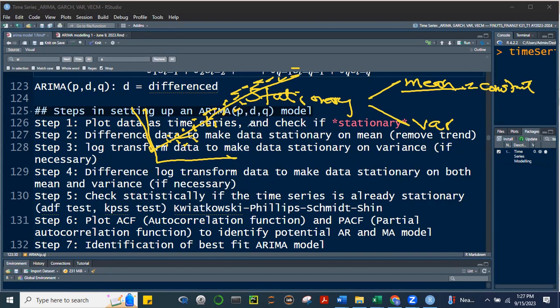If there's a trend, then if I take a look at this sector here, the average of this time series here might be this one. So for this period, the average of your time series is this amount.